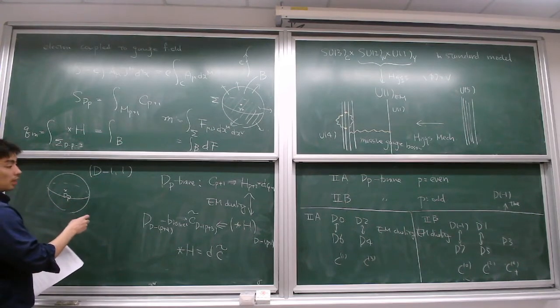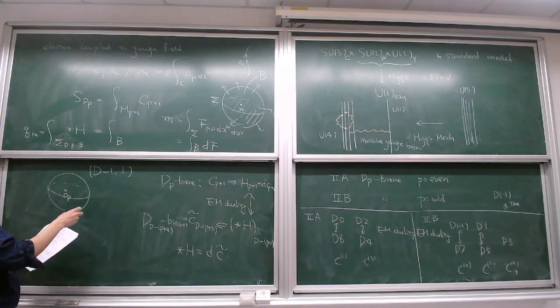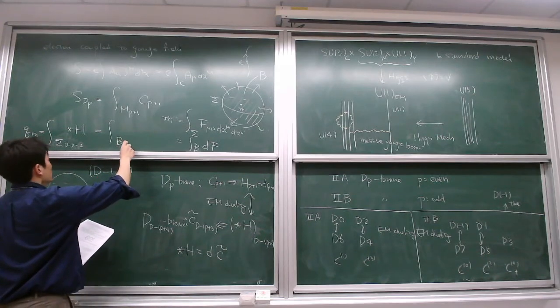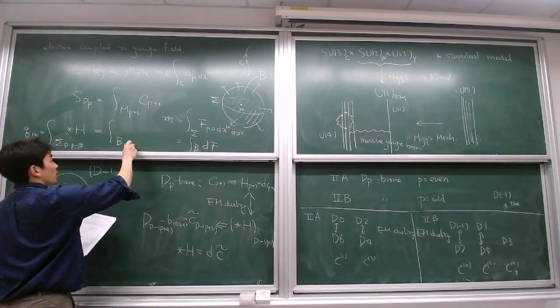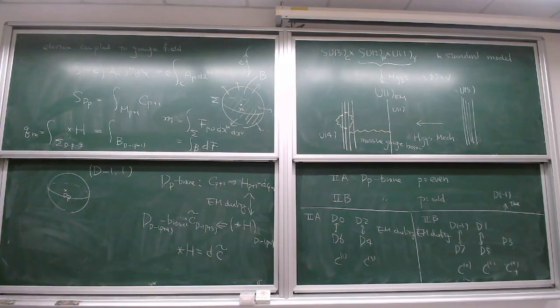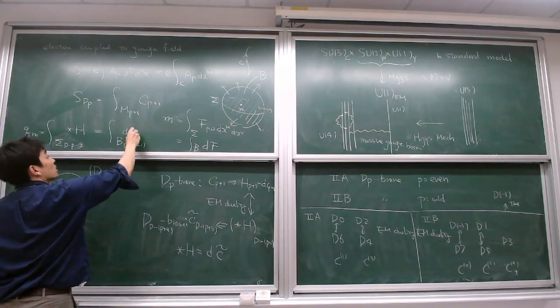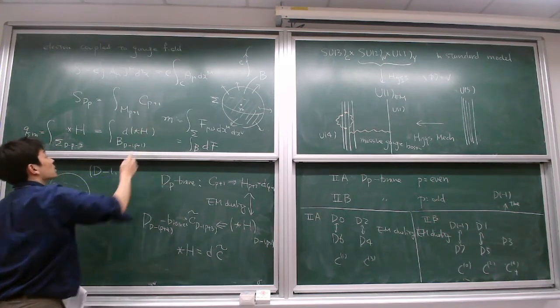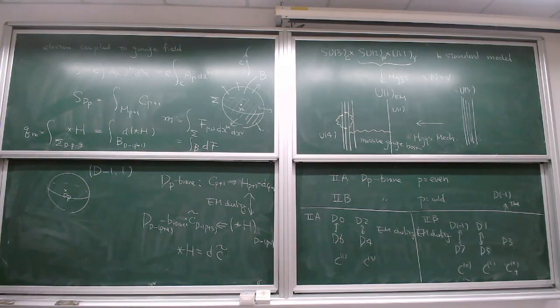Okay, so then here you have D minus p plus 1 in the ball, and this one is integrated out with which form? D star H. Okay, so that's what we have.